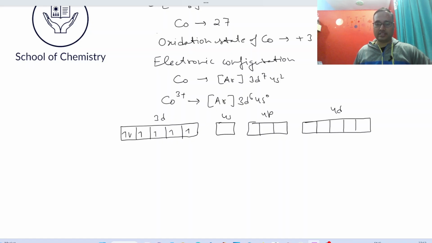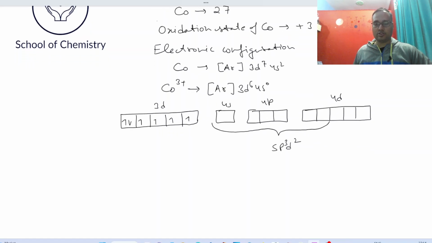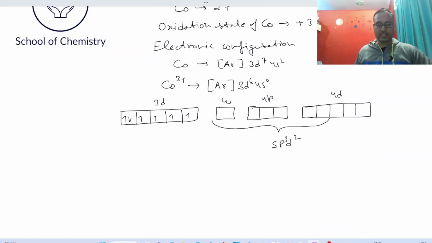So these 6 orbitals, that is 4s, 3 orbitals of 4p, and 2 orbitals of this 4d undergo the process of hybridization sp3d2 in order to form 6 new hybrid orbitals.